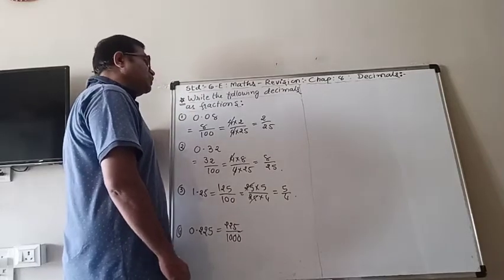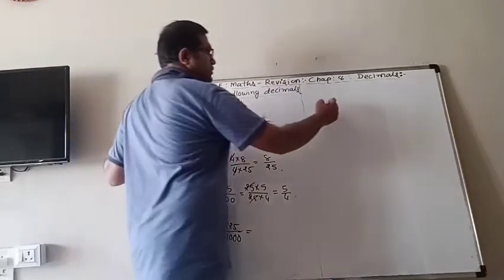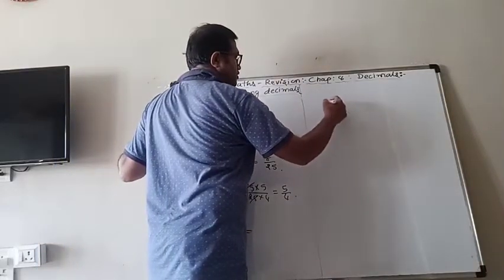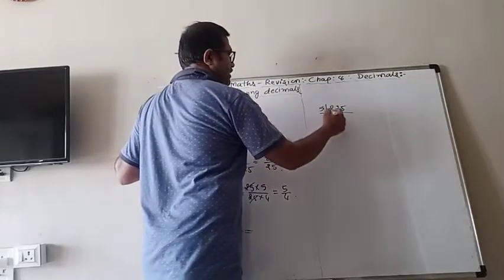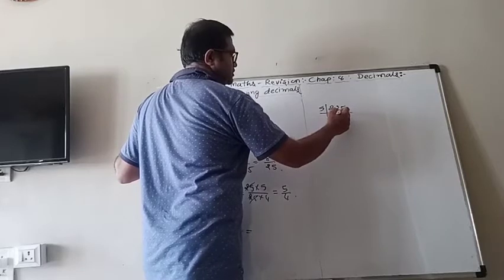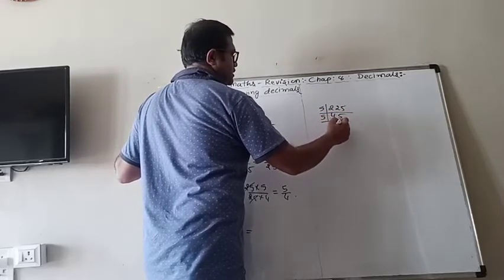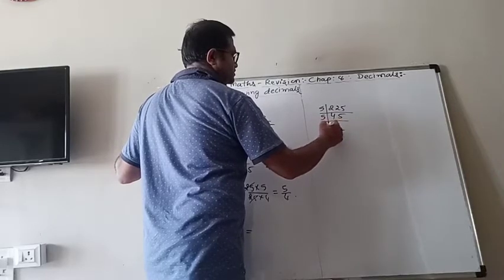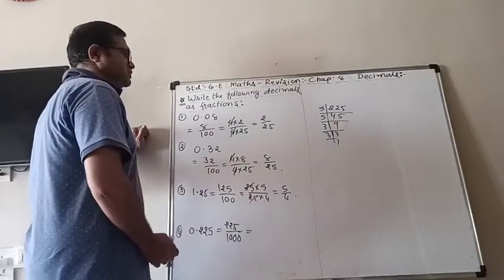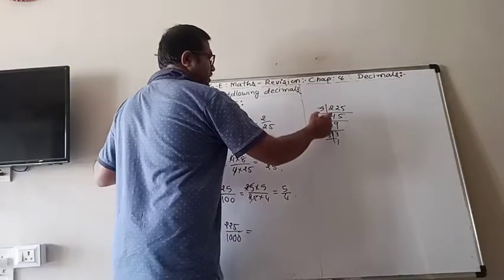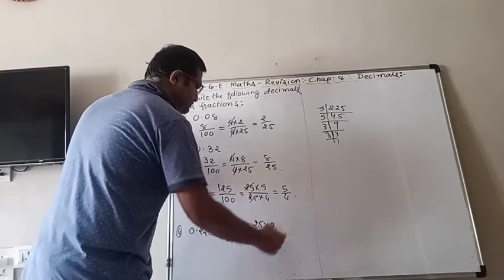Now 225, if you don't know, then you have to make the factorization. 5 5s are 25, multiplied by 9.